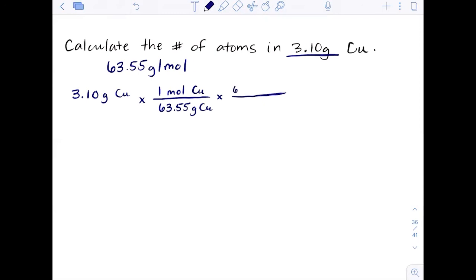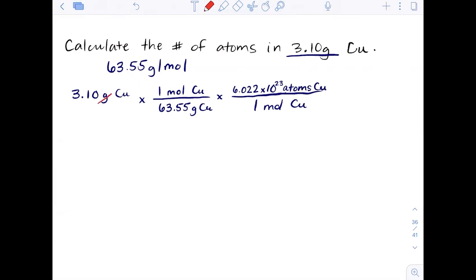I can keep going with my conversion factors here. I want to get to particles or atoms, 6.022 times 10 to the 23rd atoms of copper, Cu, over 1 mole of copper. Notice how, again, as chemists, we like to abbreviate. MOL is the abbreviation for mole, because why write 4 letters when you could just write 3?